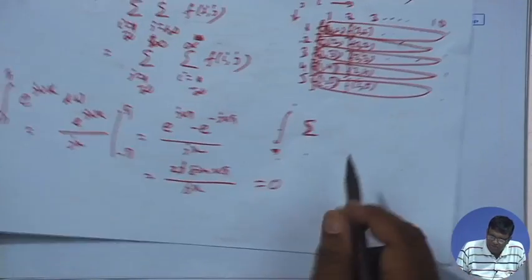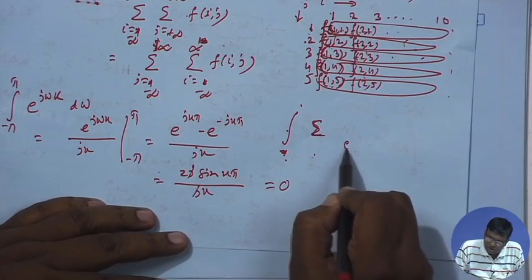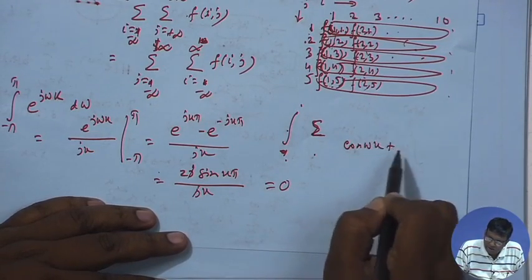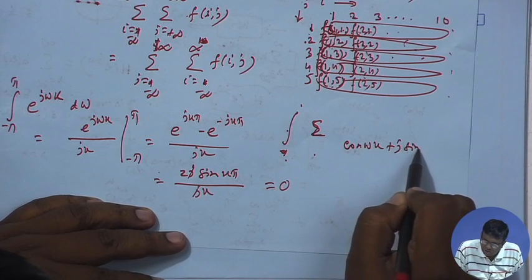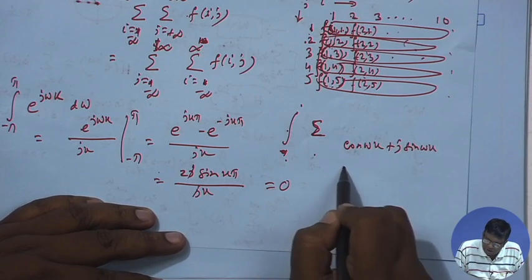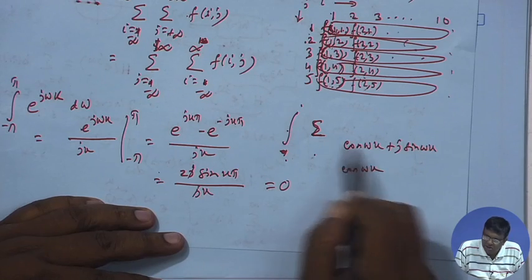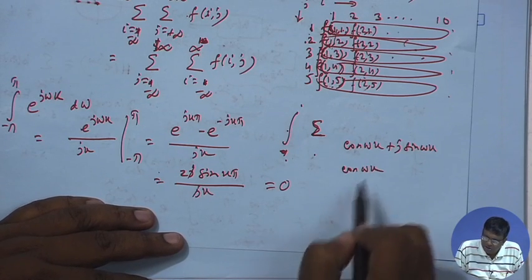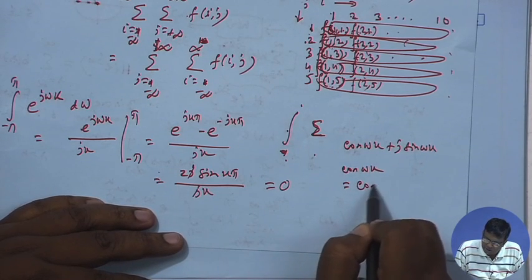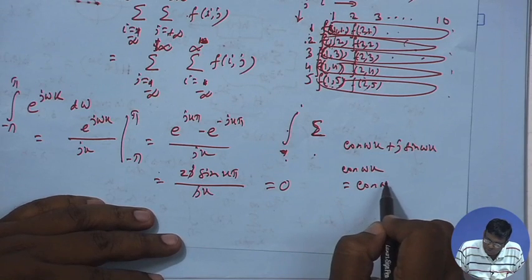Actually, what is happening? E to the power j omega k means you have cosine omega k plus j sin omega k. Each of them, cosine omega k for that matter, is periodic over omega with a period of 2 pi.